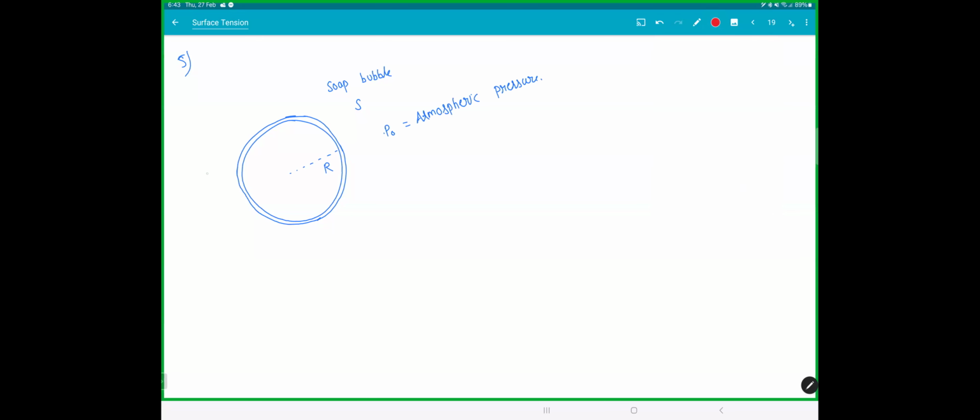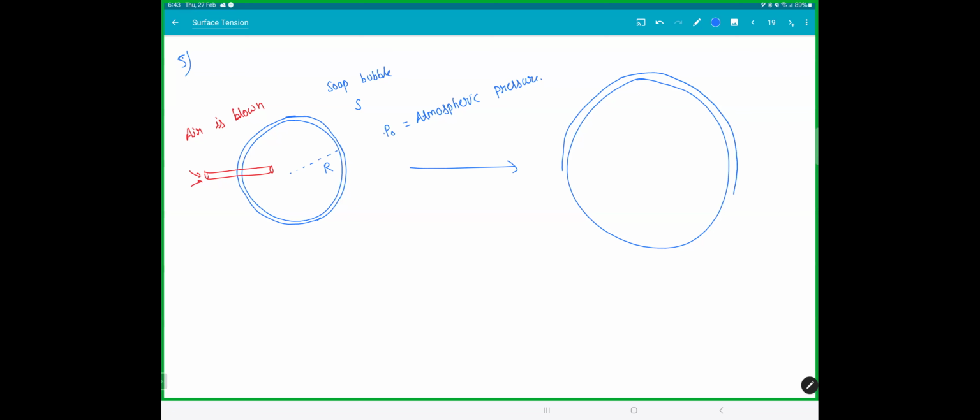What you did, you took a straw and you started blowing air inside it. So when you started blowing air inside, this guy became a bigger soap bubble, like this, of radius 2r.